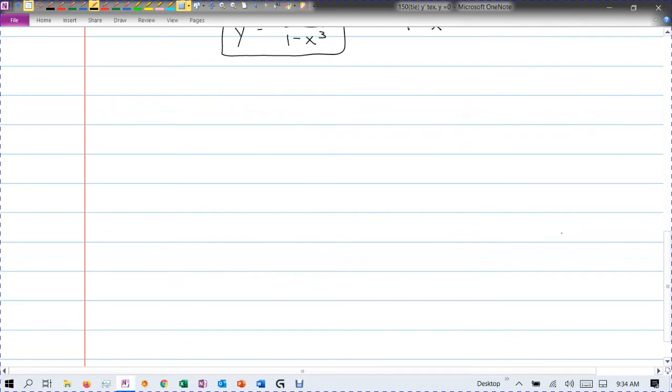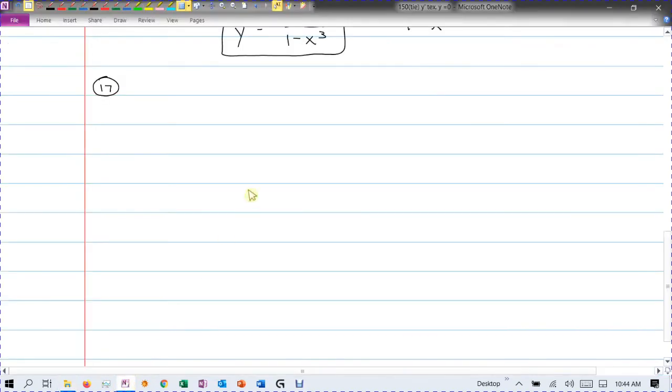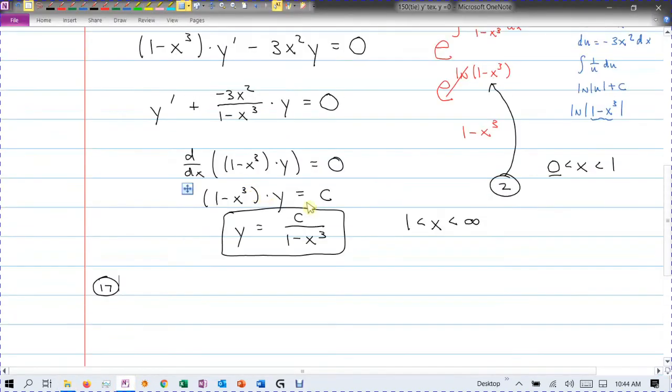Let's move on. All right, 17. Actually, I'm going to just cut it out here and come back. Okay, I went and double checked this. For the answer that we have here, they factored out a negative, and that kind of changed things a little bit, but no worries, we're good to go.